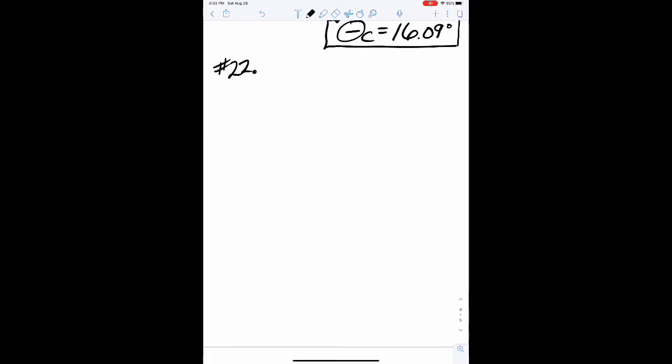And 22 says, this is kind of an interesting problem. Let me see if I can correct that drawing.